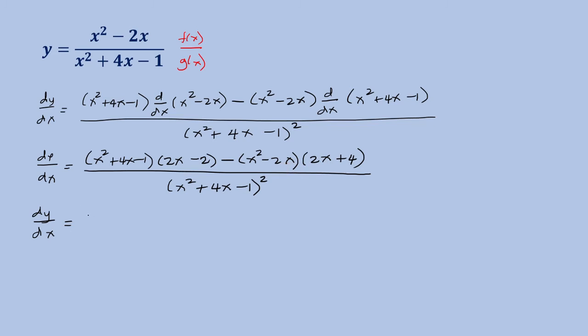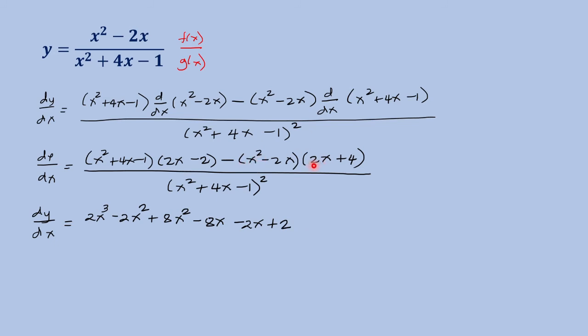So let us have 2x cubed minus 2x squared plus 8x squared minus 8x, and then we have negative 2x plus 2.